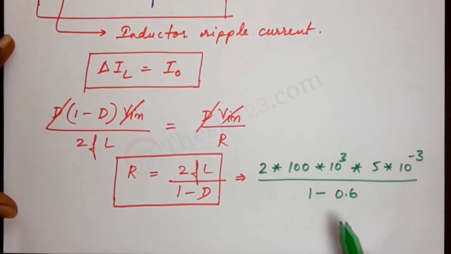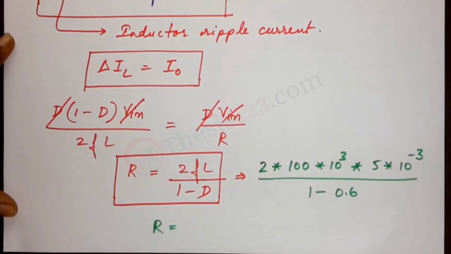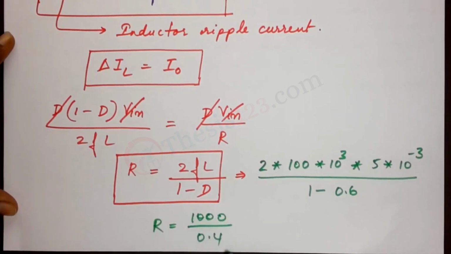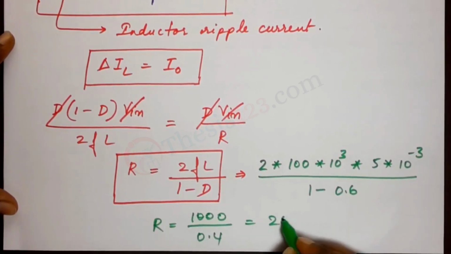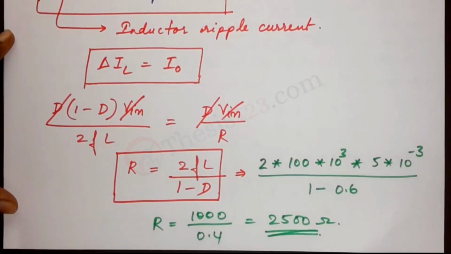Okay, now when we solve this, we get R is equal to 1000 by 0.4, and that gives us 2500 ohms. So the answer here is 2500.